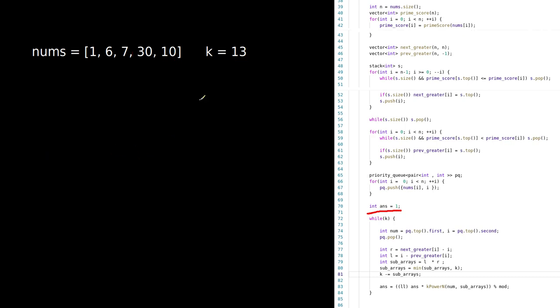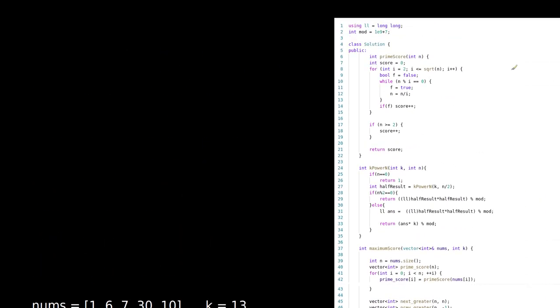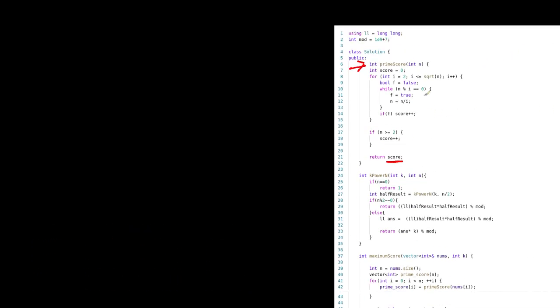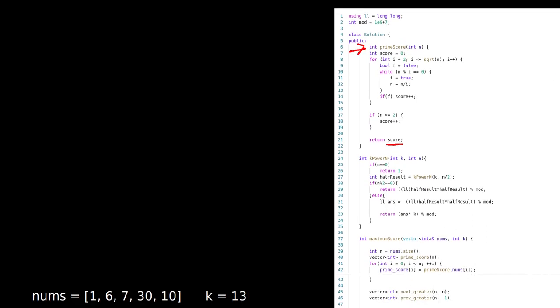To do that, we need to calculate the prime score of each number, and we have this function prime score. This function is the same implementation as the function that calculates the prime factors of a number, but here we just need to count the number of unique primes for the given number.